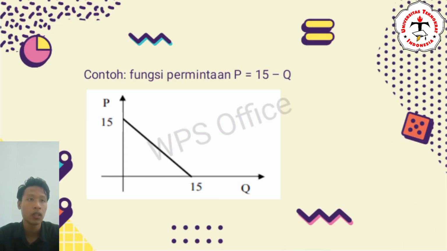This is an example of a demand function: P equals 50 minus Q. So like this.